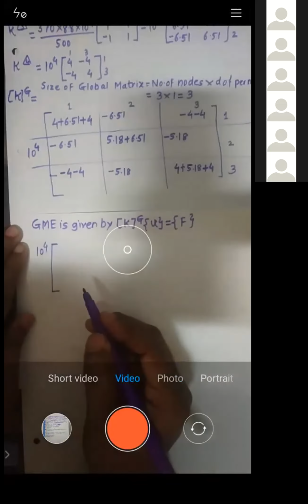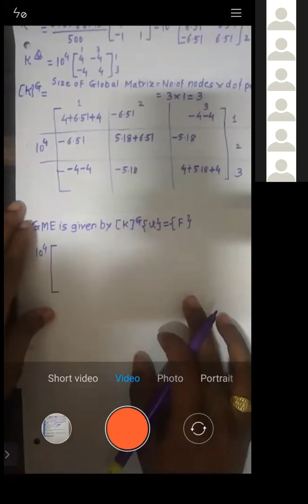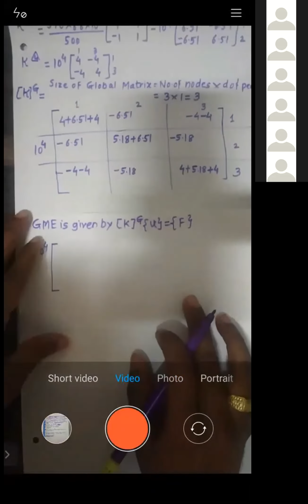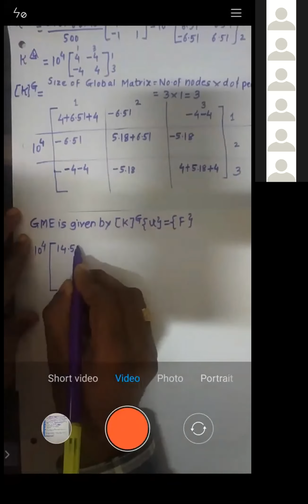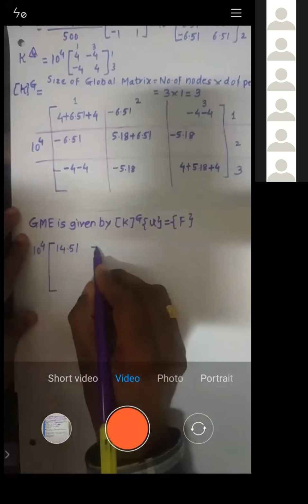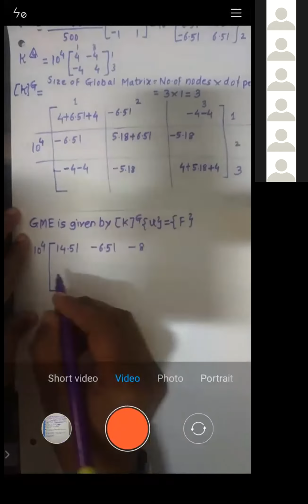Okay, and I will just write down these terms. But tell me this value, how much are you getting? 4 plus 14, all of you should have a calculator with you. 14.51. Then minus 6.51. This is minus 8. Minus 6.51.